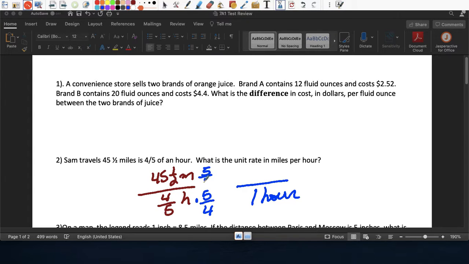We're going to get 45.5 times 5/4, and that's going to give us 56 7/8 of a mile per hour.